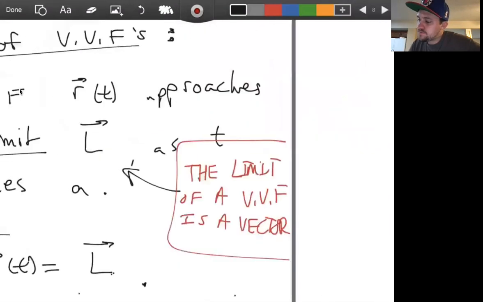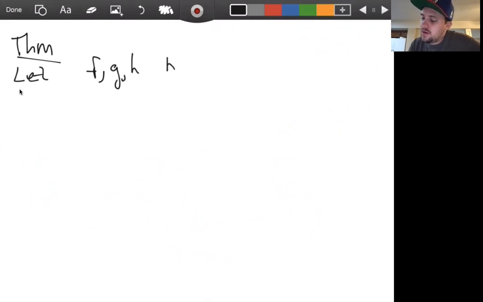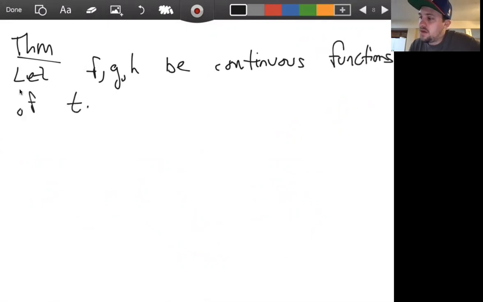So here's a theorem that we can use to our advantage when wanting to compute limits of vector valued functions. Let f, g, and h be continuous functions of t.